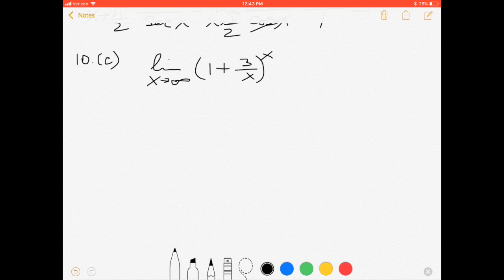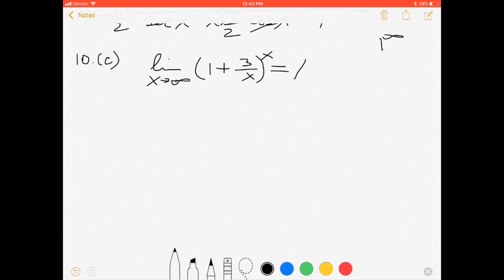If you try plugging in x as infinity, you have 3 over infinity, which is 0. This means it's similar to 1 to the infinity power. If your base is exactly 1, it will be 1 because 1 to any power is 1. But because it's not exactly 1, we need to evaluate.